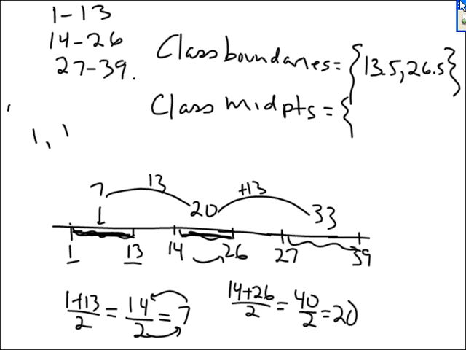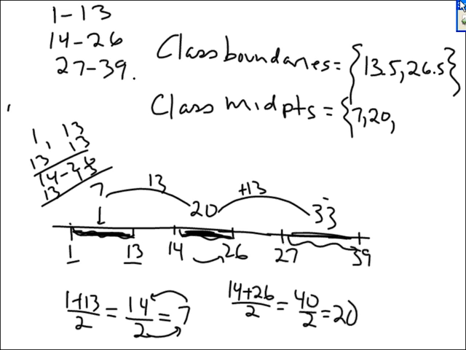If you have 1 to 13, and you add 13 to both endpoints, you get 14 to 26, which is exactly this. And then if you add 13 to both endpoints, you get 27 to 39, which is exactly this. It's repeating every 13. So the class midpoints are 7, 20, and 33.